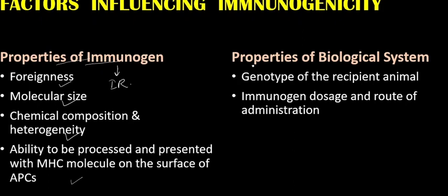Next are the properties of the biological system of the host, because ultimately the biological system will determine whether the molecule which combines with the B cell receptor or T cell receptor will induce an immune response or not. These properties can be the genotype of the recipient animal, immunogen dosage, and route of administration.